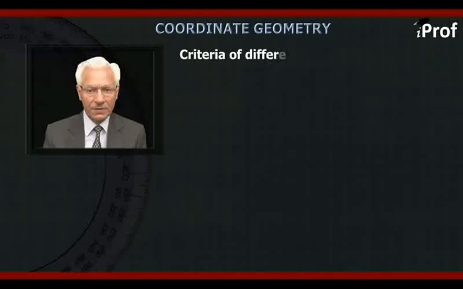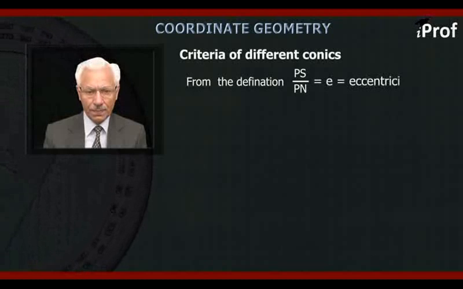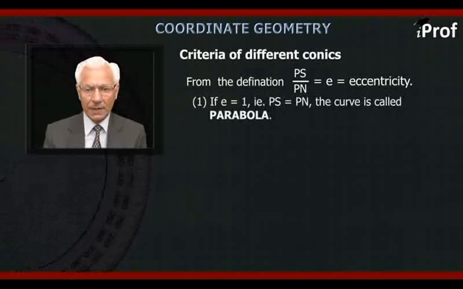Here are the criteria of different conics. From the definition, PS upon PN, that is the distance from the focus upon the distance from the directrix, is equal to e, called eccentricity. We define the following. First, if e is equal to 1, that means PS is equal to PN, the curve is called a parabola.